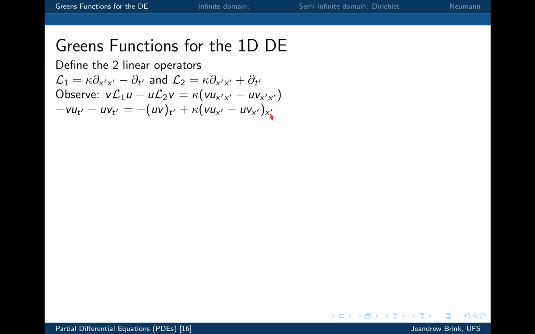The reason we wanted different operators is exactly so that we could write this final operator as a complete derivative with respect to t and a derivative with respect to x. So it actually allows us once again to convert a volume integral into an integral on the boundary.